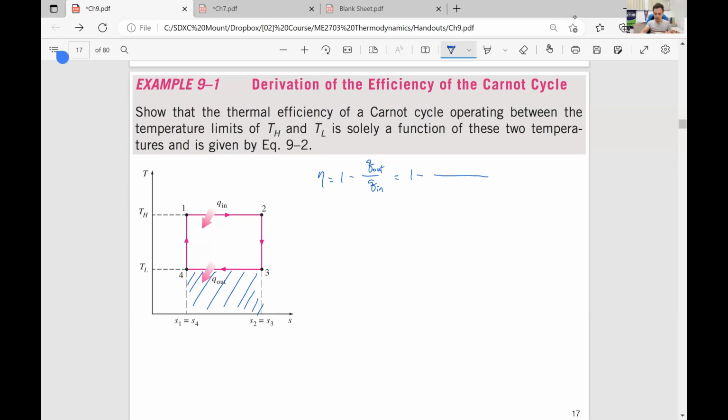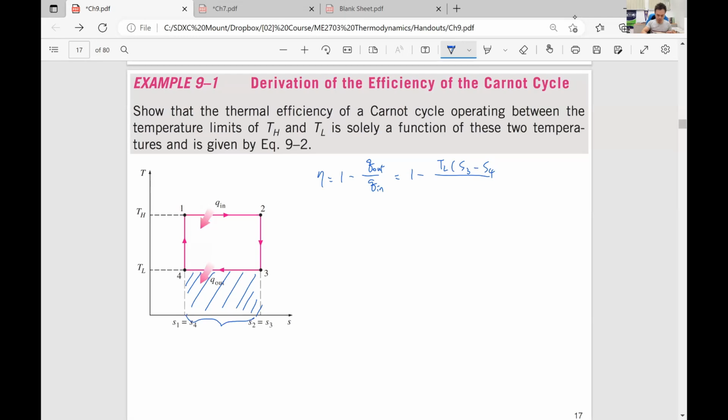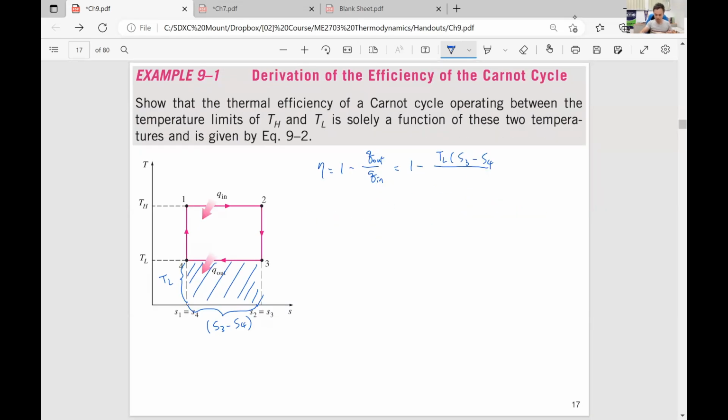This area is TL times S3 minus S4. I am calculating the area of this rectangle, and this length is TL, right?